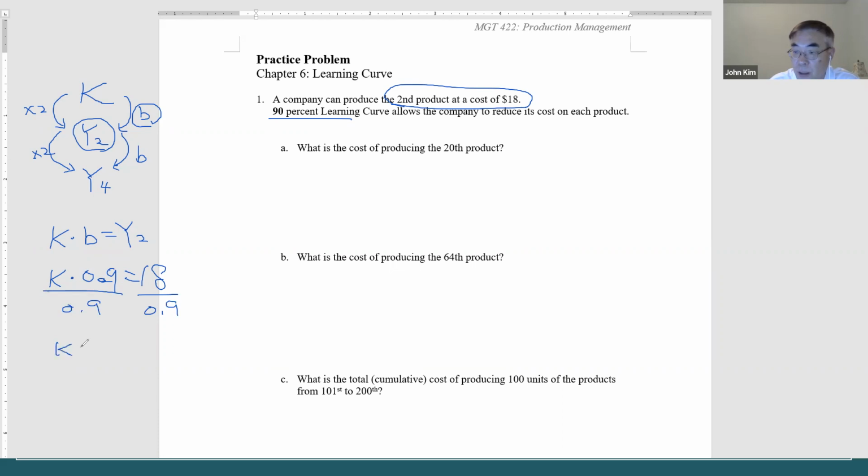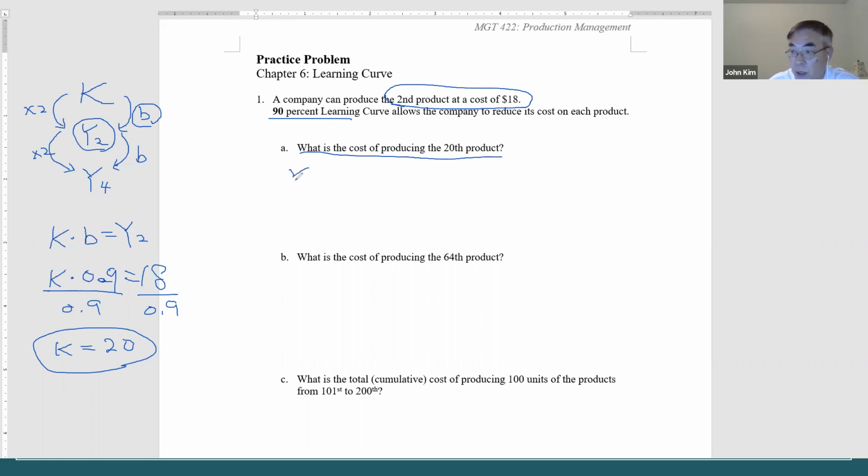Then K equals 20. So K is 20. Okay, question so far? No? Okay, thank you.